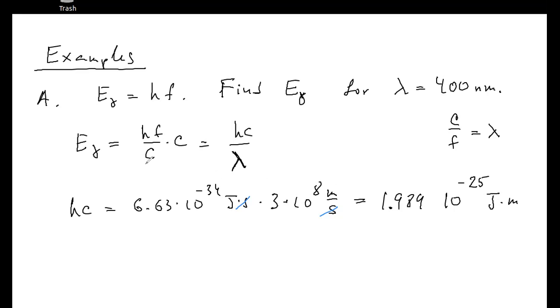Now, I would like energy in electron volts, not in joules. So 1 joule equals how many electron volts? Can we change it to electron volts?